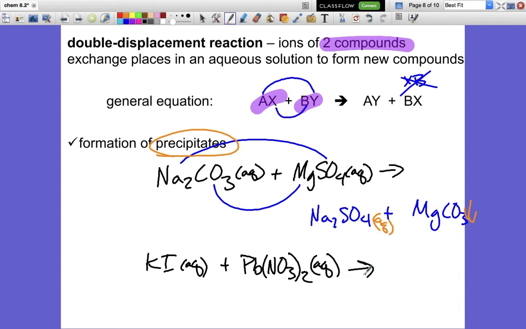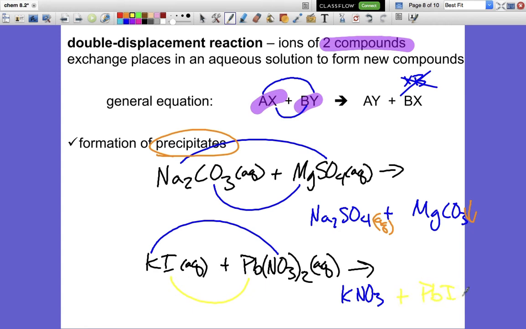So again, I just flip-flop things. I'm going to put the potassium with the nitrate. Outsides go together. So I make a potassium nitrate. Both of those have 1 charges, so it should just be a 1-to-1. I'm going to put the iodine with the lead. And again, you have to write your lead first.